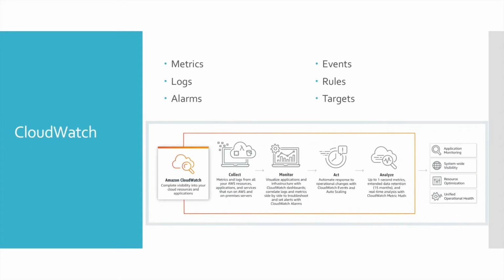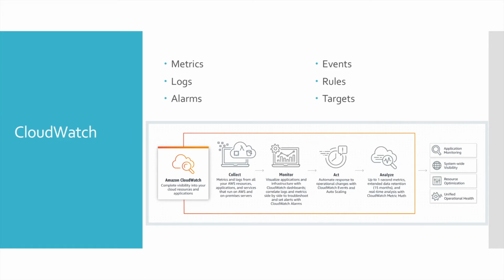Let's focus on CloudWatch. In CloudWatch, it can help collect data, monitor your system, and take actions when we have some alerts or events. And we can also analyze those metrics and data.